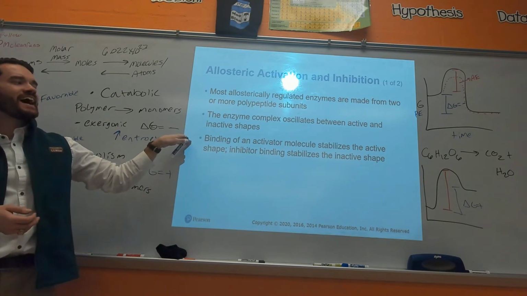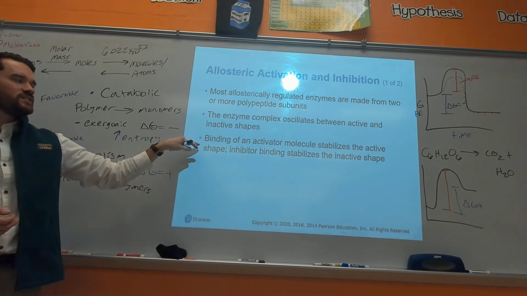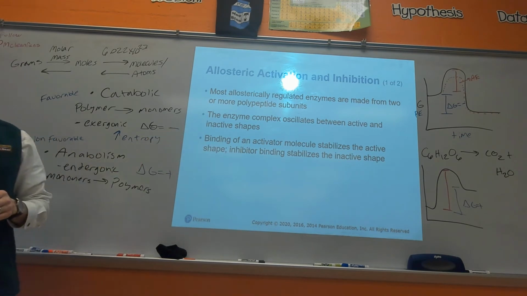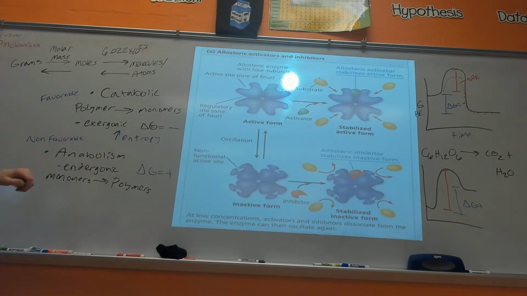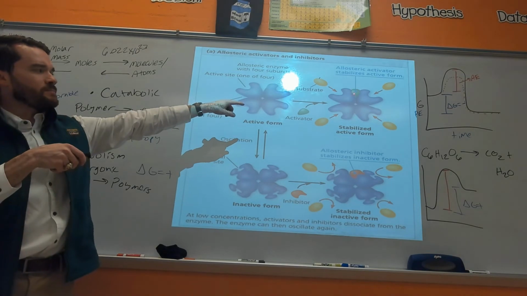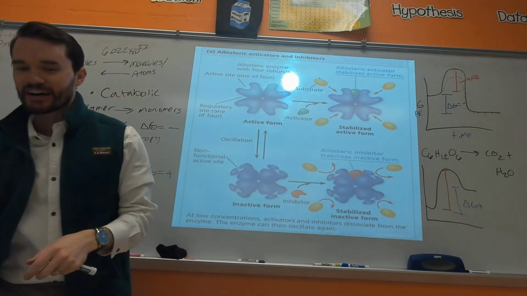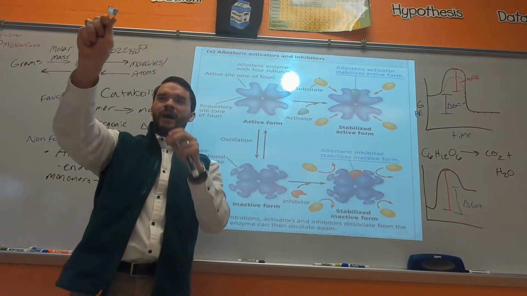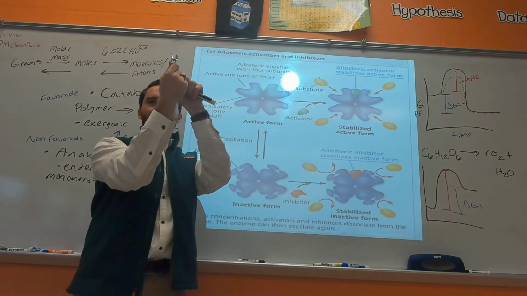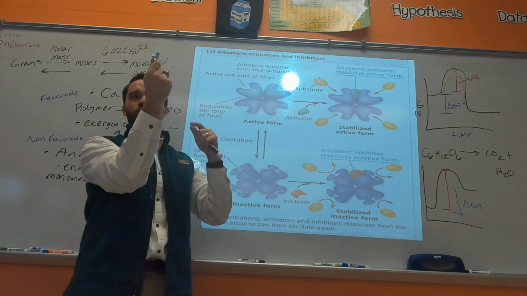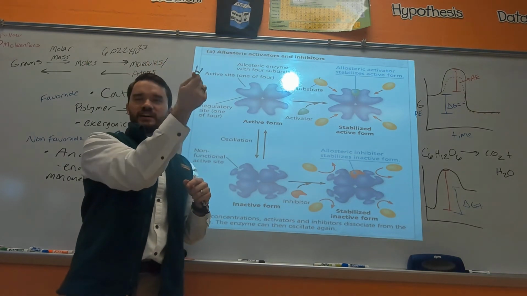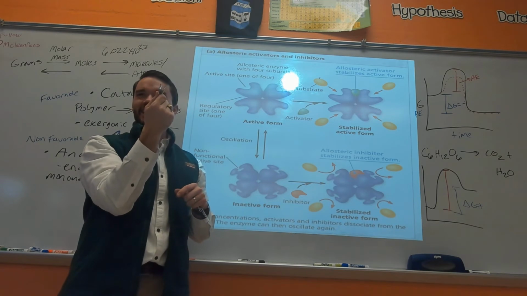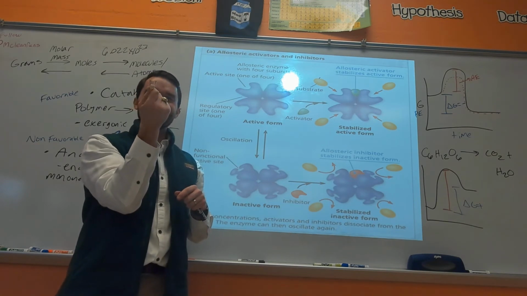And then how exactly the activator allows the active site to be open is it stabilizes the shape. Basically, by binding here, it's like my fingers are the activator, stabilizing this open shape of this binder clip.